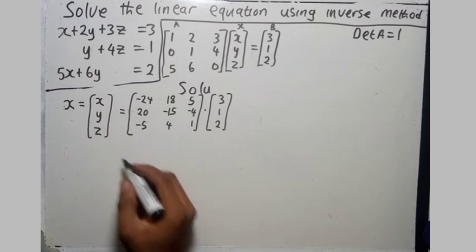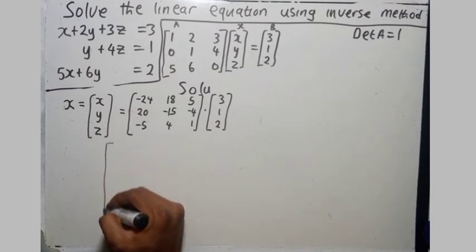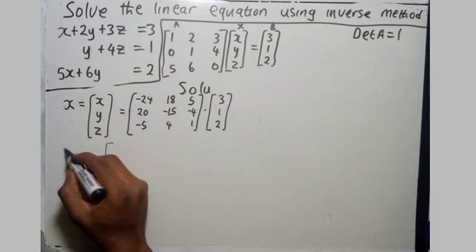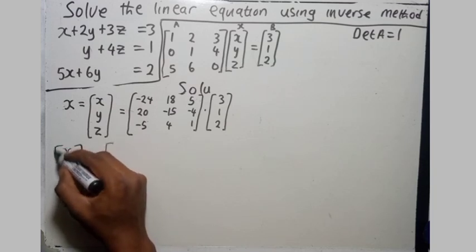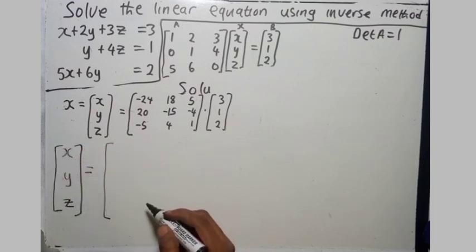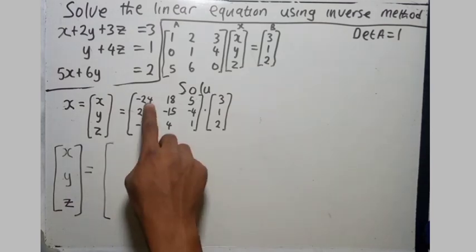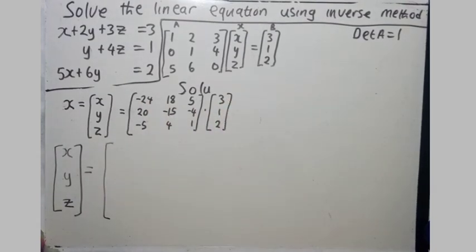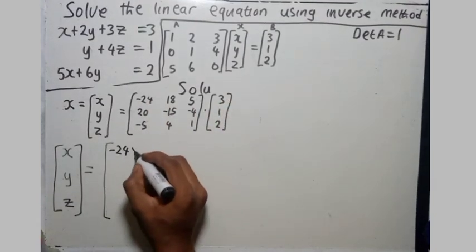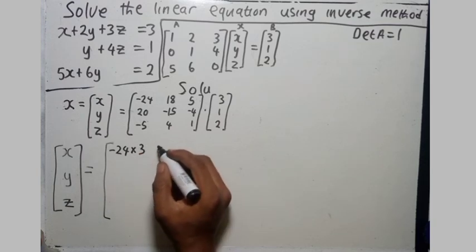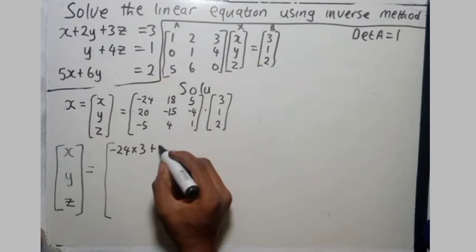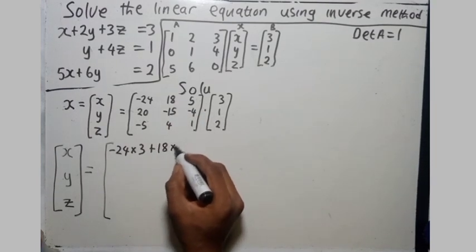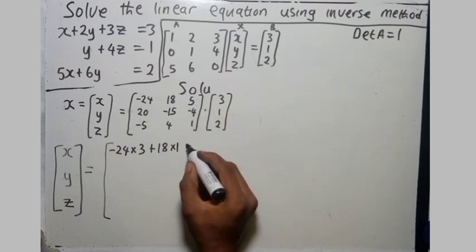So doing that, we'll be having that our new matrix, which is also the same thing as your x, y, and z, is going to be minus 24 times 3 plus 18 times 1, plus 5 times 2.